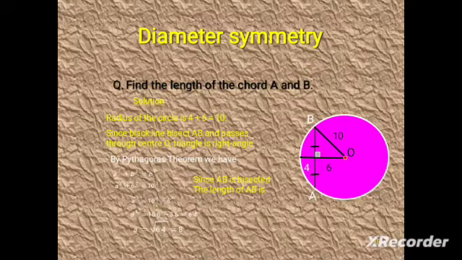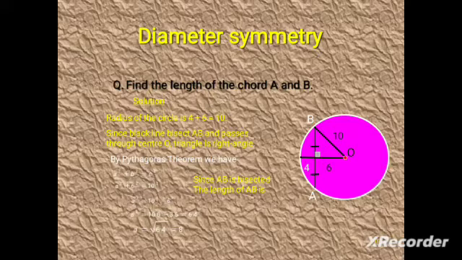So that is just from B to the midpoint of the chord, which is 8 units.